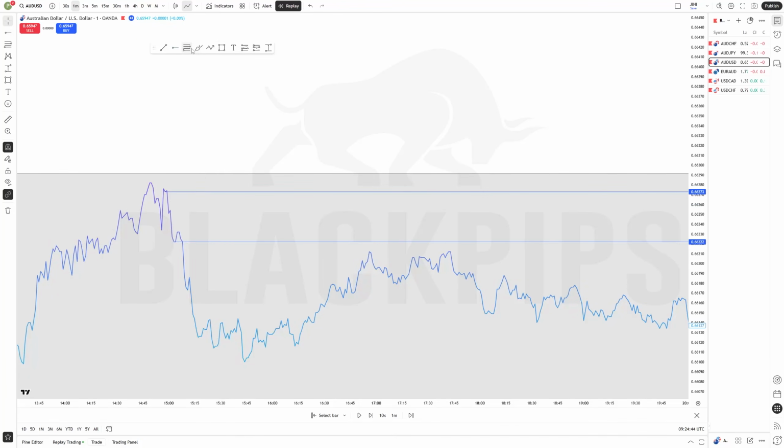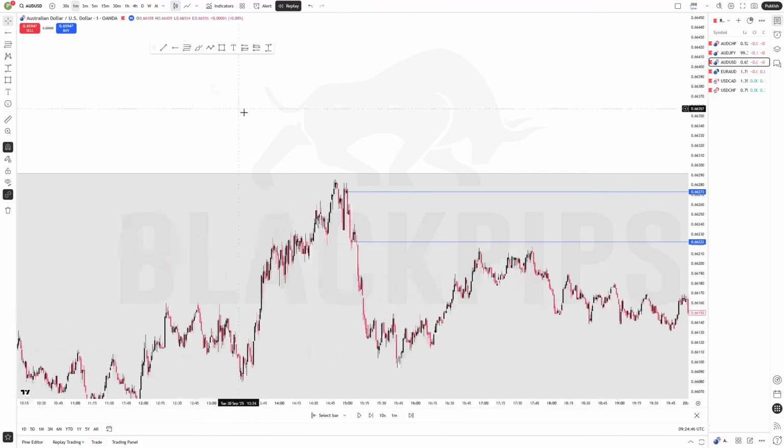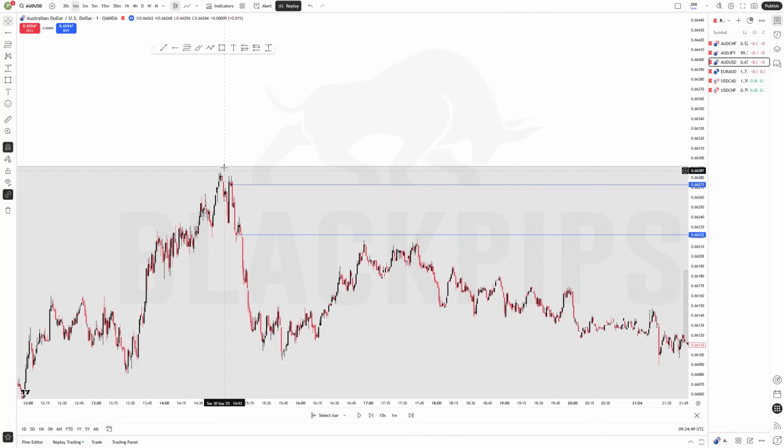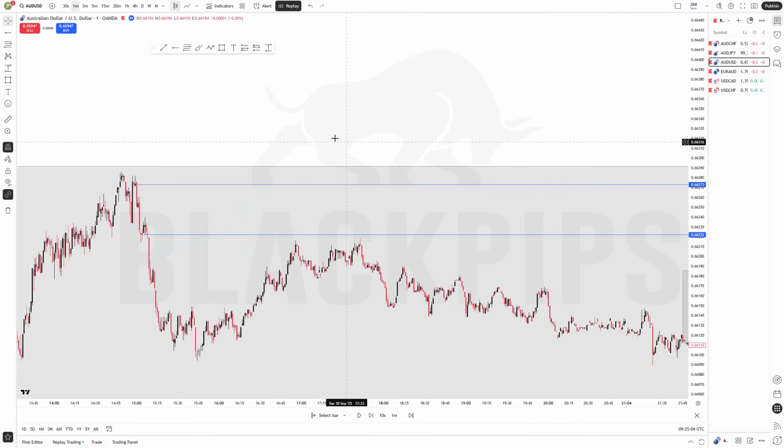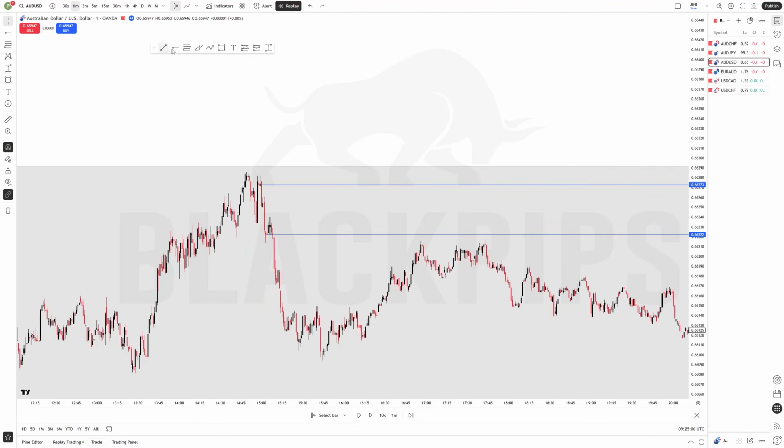So if you want to take them both, it will be good, because sometimes the price can come and take this one and then fail to take this one. So you have to be careful and be sure that you can take that entry, because the stop loss was only 6 pips. So if you put your maximum, which is 15, to be somewhere here, you'll be very safe, but also very confident that this market will take you.